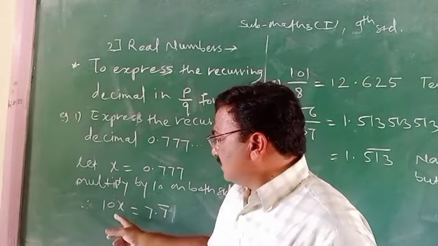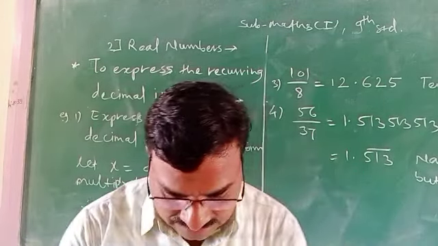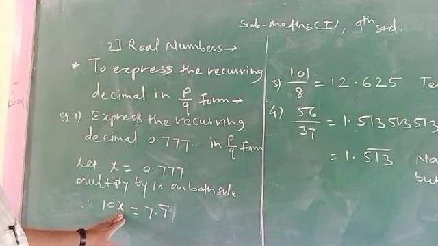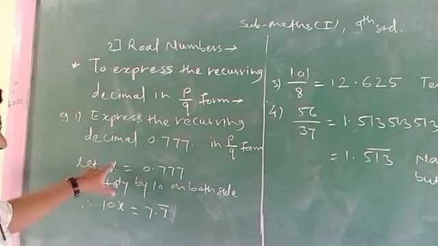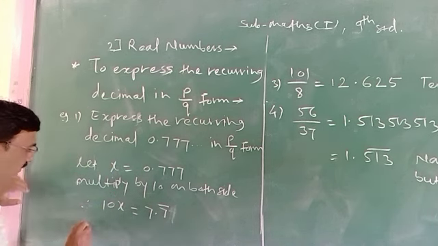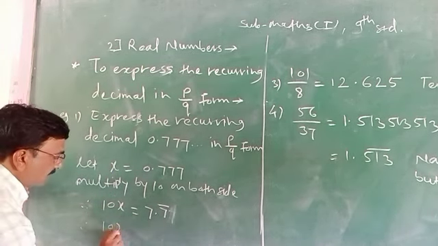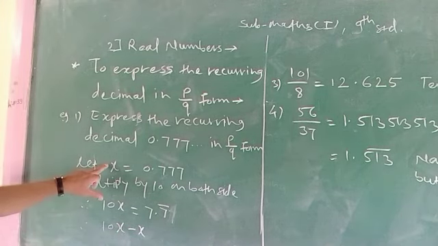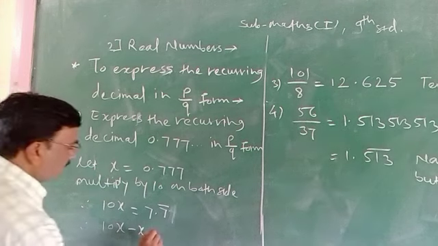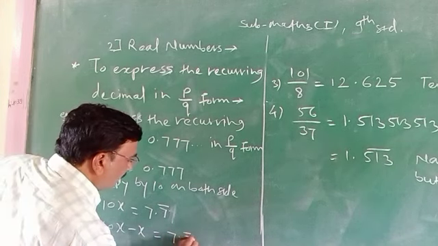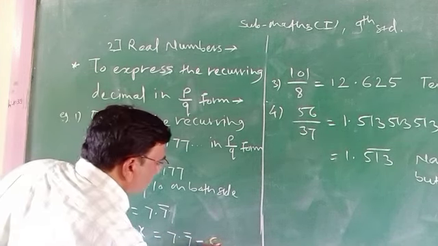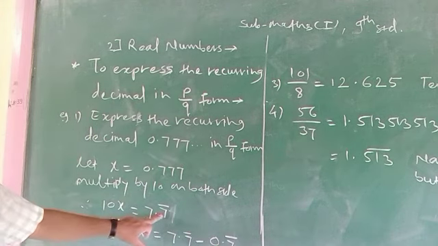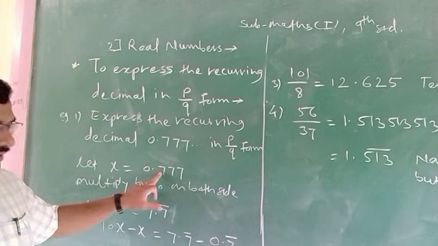Then subtract the above number from this step. Therefore 10x minus x is equal to 7.7 minus 0.7.